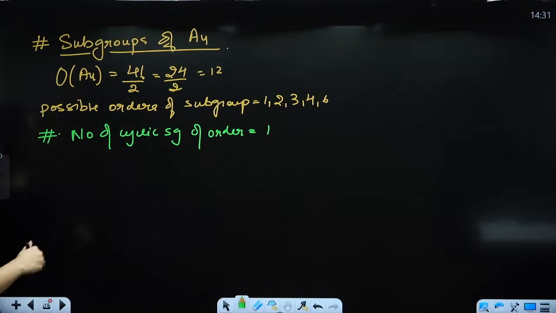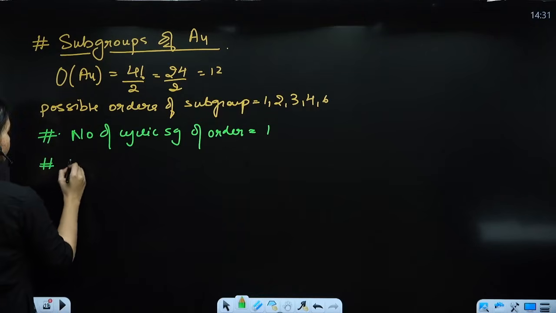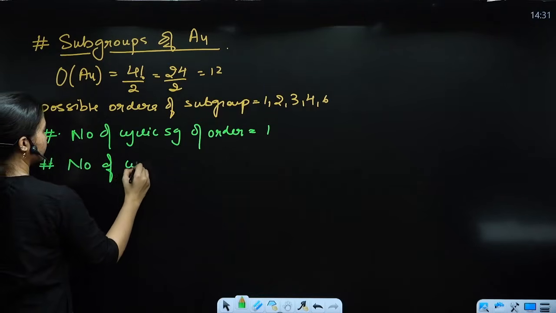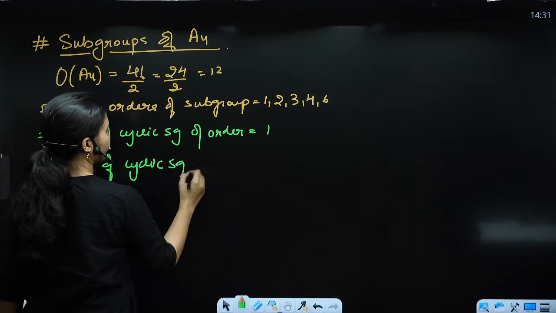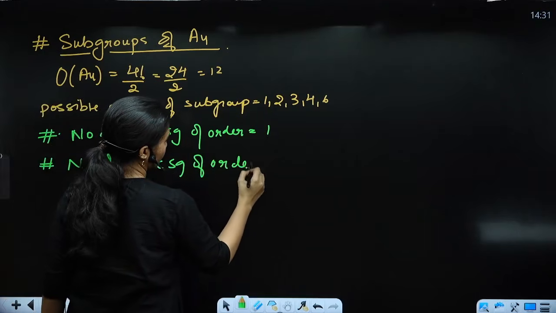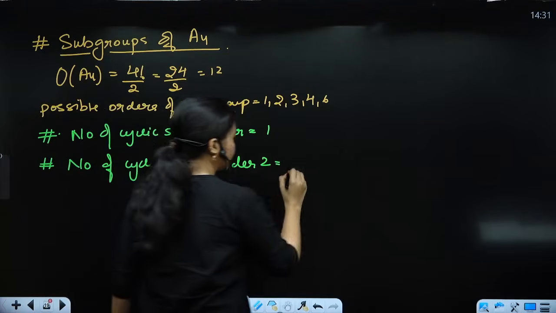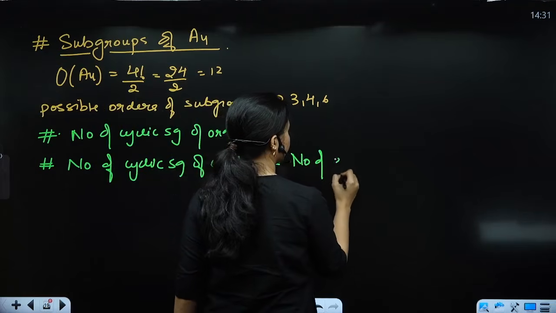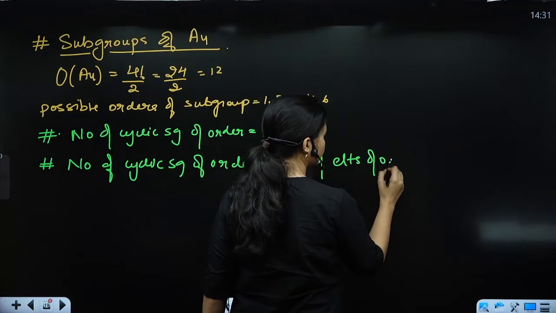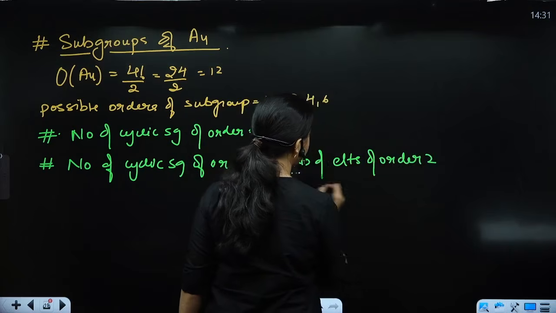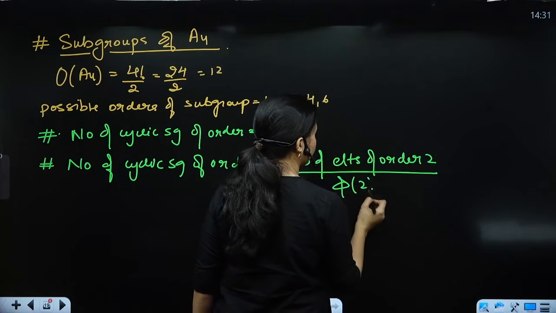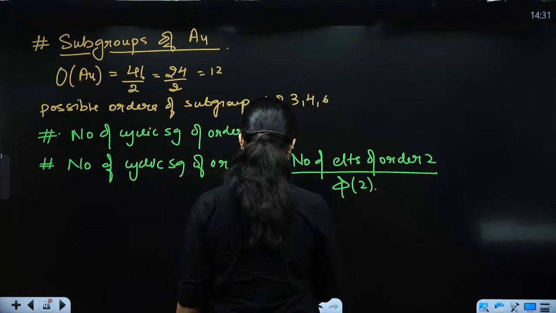Now the number of cyclic subgroups of order 2. For that we need the number of elements of order 2, upon phi of 2. Now do we remember how we calculate the number of elements?